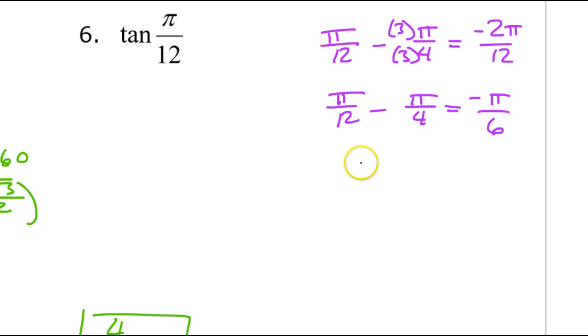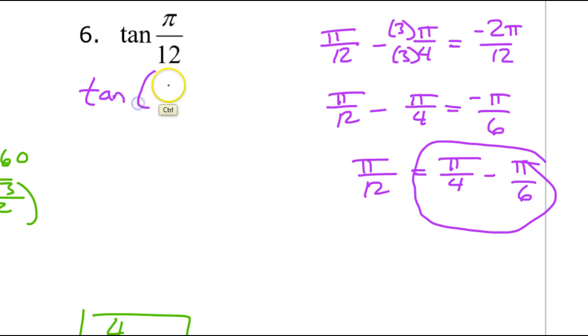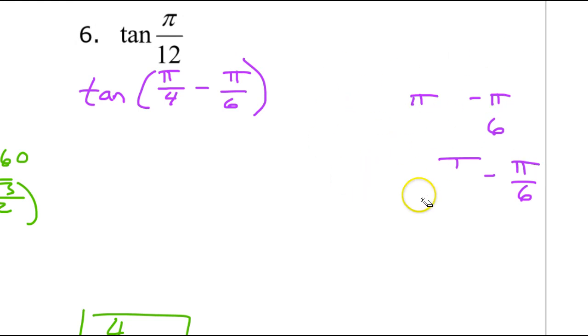Adding pi over 4 to both sides, I get pi over 12 is equal to pi over 4 minus pi over 6. So this is what I'm going to substitute. So I can write this as the tangent of pi over 4 minus pi over 6. All right, let me just erase this stuff right here in case I need the space.